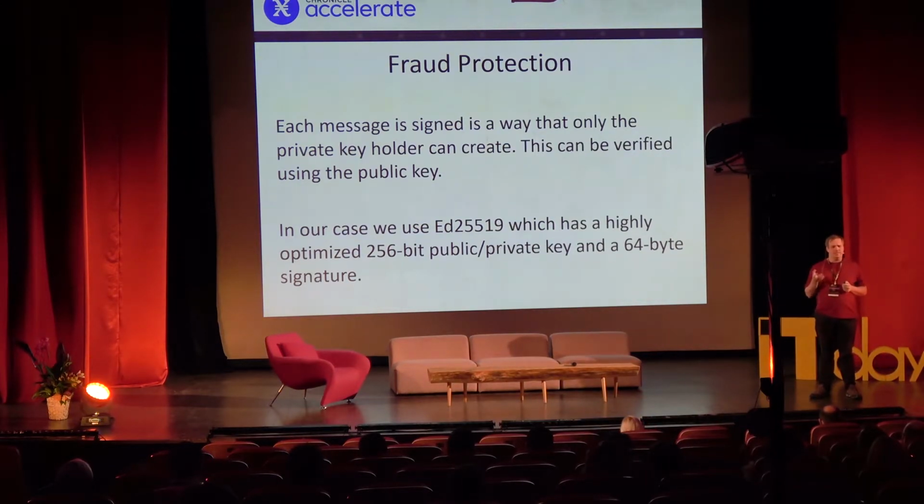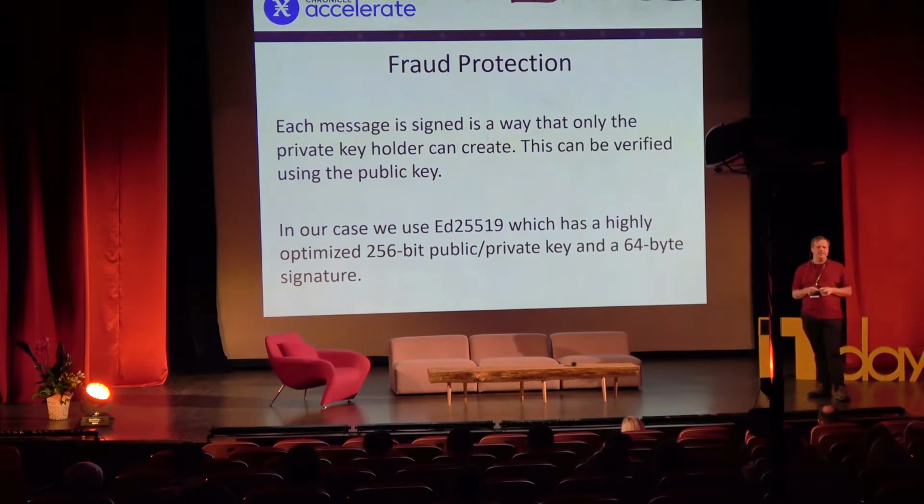Because the only messages a node can sign are its own, it can only transfer money out of its own account. It can't transfer money out of an account it shouldn't own. So you can trust any message that's produced, because only the private key holder that generated that message could have created it. Then the problem gets pushed back to, is the private key held securely? You have to ensure that's the case, but if the private key is held securely, then you know that only the account holder could have created that message.